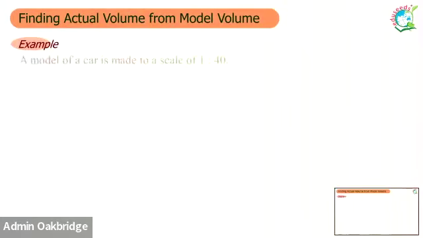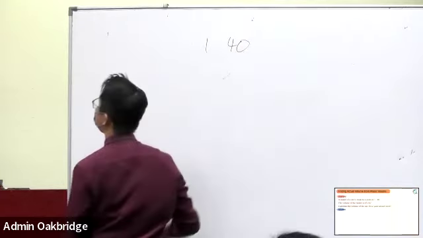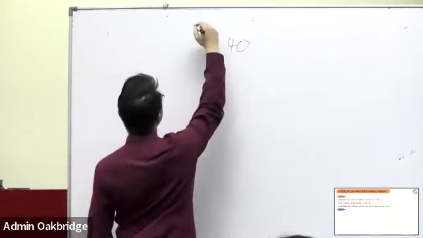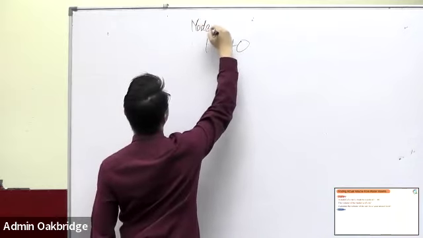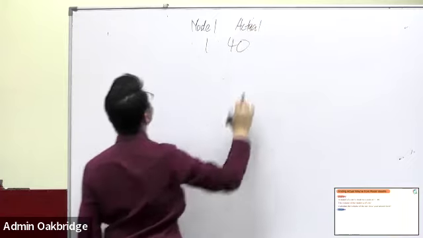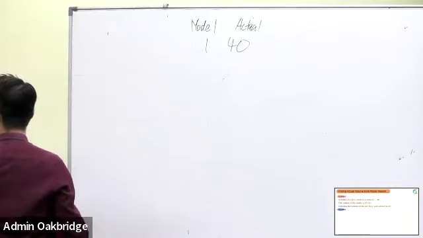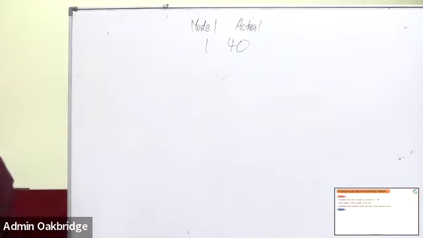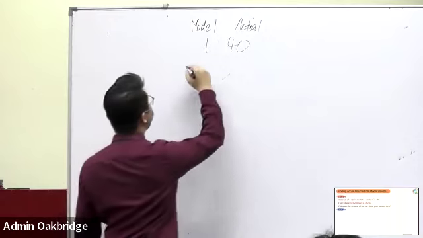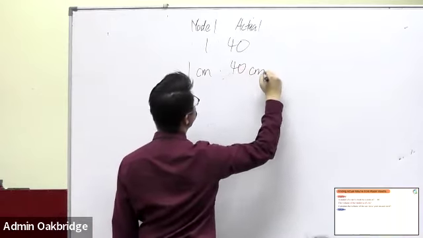So let's see. This is the model, and this is the actual one. Our first step is to put the length unit. Which one should we choose? We have cm and meter. We should choose cm, the smaller one. 1 cm to 40 cm.